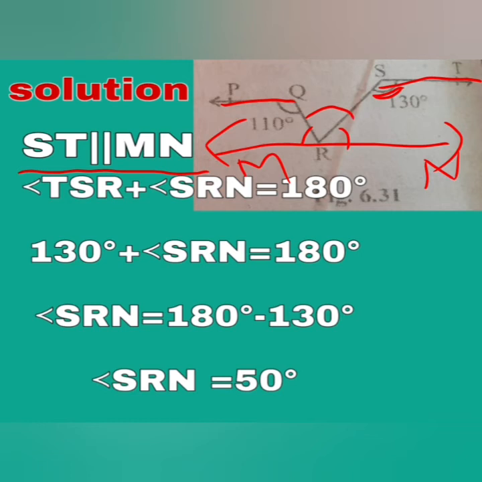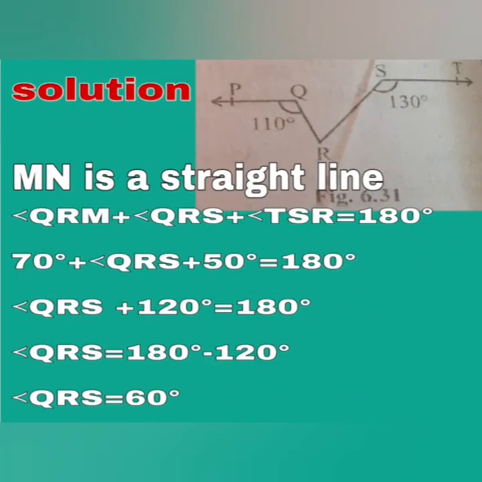The point R is on a straight line. On a straight line we always get a straight angle, and the sum of all the angles formed at that point will be equal to 180 degrees. So to calculate that angle, we calculated these two angles. Now let us see how to calculate the QRS angle.